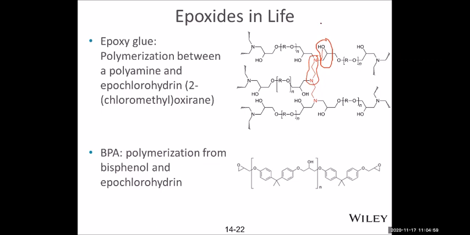It'll open up the ring, and all the structures start linking together, very strong. BPA also uses epoxide from the ring. This part is the epoxide, and the other is chloride.